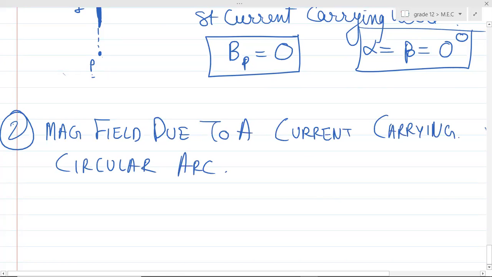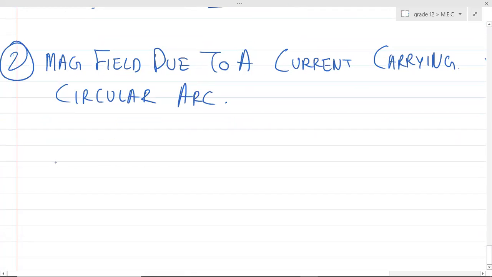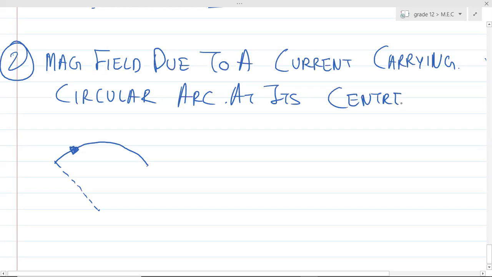If I have a wire which is in the form of a circular arc, can you see this wire now? And I want to find out the magnetic field due to the current carrying wire at its center. So basically I need to find it over here.